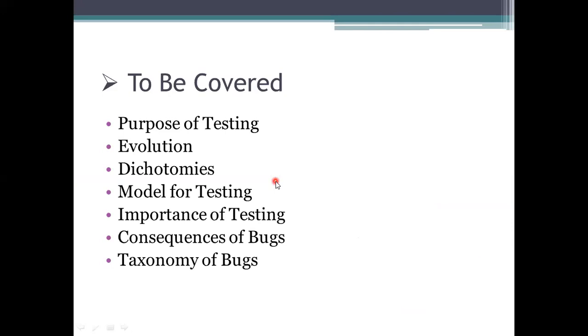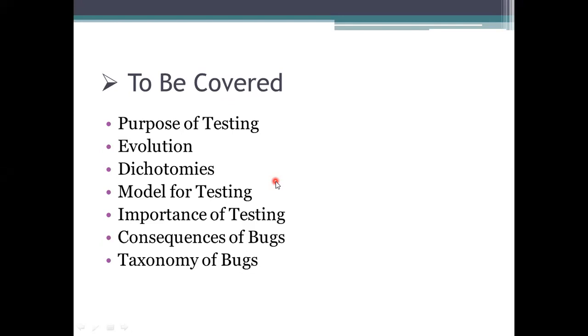So these are the topics we are covering in today's class. The purpose of testing: what makes us test your application, programs, or whatever we are considering. And the dichotomies, meaning there are contrasting behaviors, so we will see the contrast behaviors and how we are going to test here.